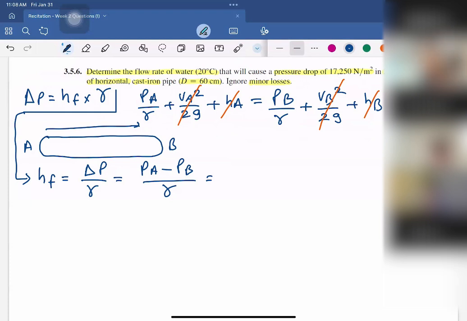And from there, the pressure drop was 17,050 Newton per square meter. So this is actually PA minus PB.